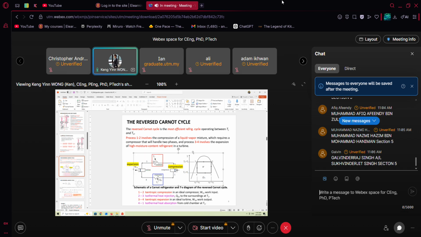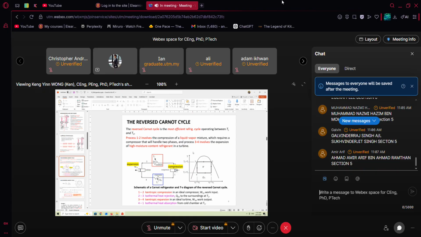Write it down. I give you 10 seconds. Both processes are isentropic: isentropic compression, and the opposite here would be isentropic expansion.